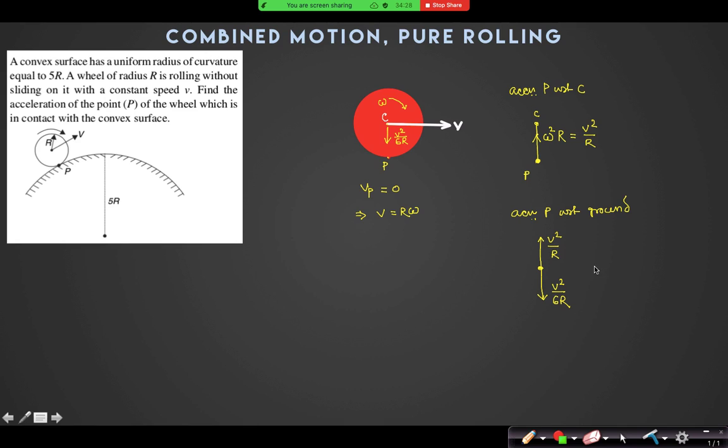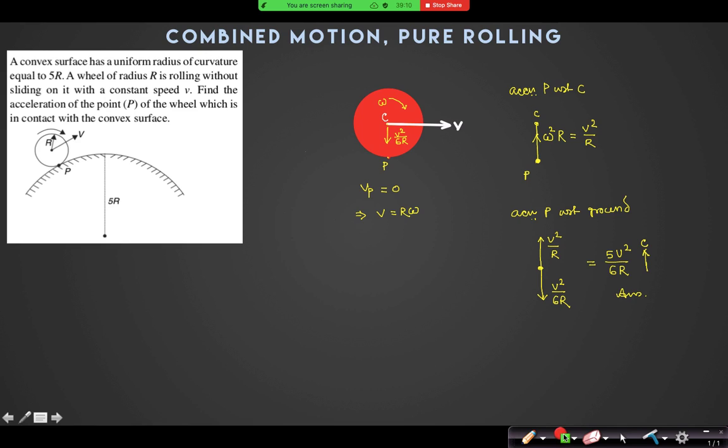So the net resultant acceleration is 5V squared by 6R in upward direction. Upward means towards the center of the wheel. That is the acceleration of this point P. Have you got it?